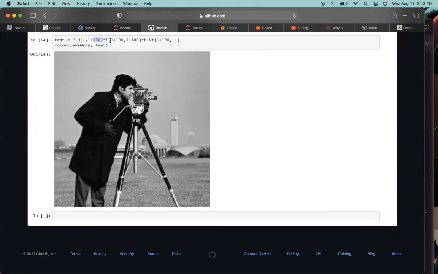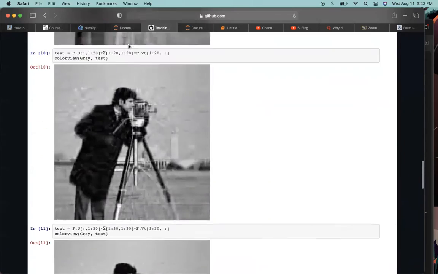And we don't even need the sigma matrix, we only need the singular values, which means we're only storing 100 numbers. So it's like 100 numbers, 100 vectors, 100 vectors. So it's really like we're storing basically a 100 by 100 matrix instead of storing a 512 by 512.